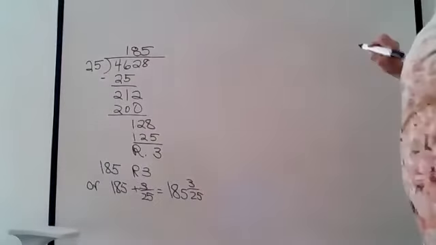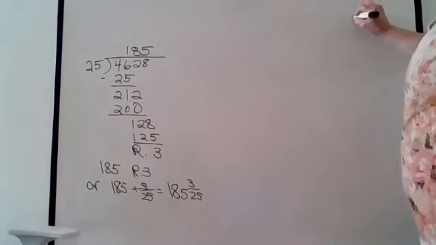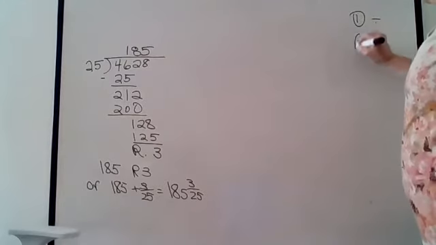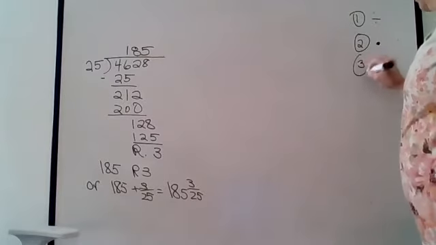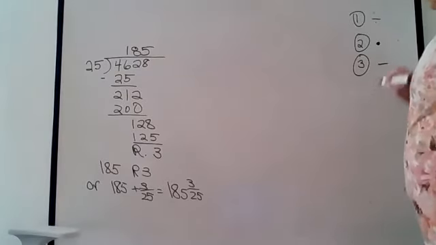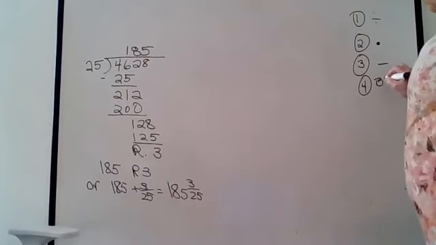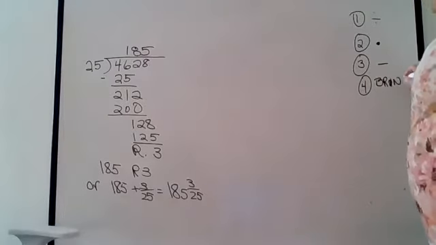Okay, let me just remind you what the steps were. Step 1, we divided. Step 2, we multiplied. Step 3, we subtracted. Step 4, we brought down the next term. Let's call it bring down.